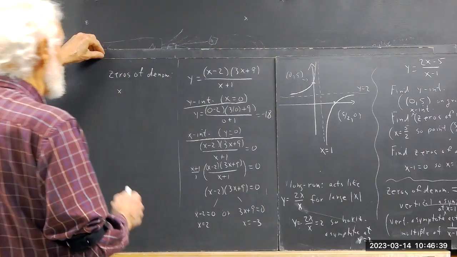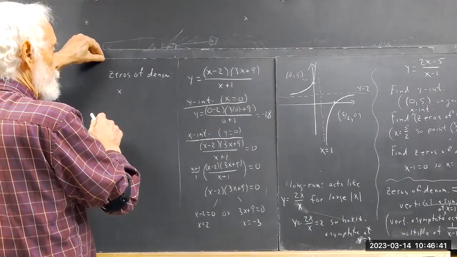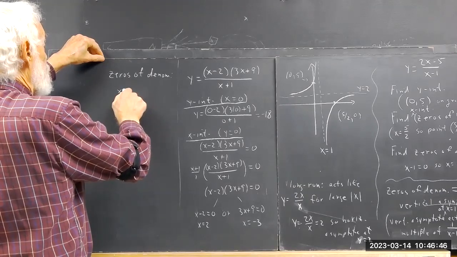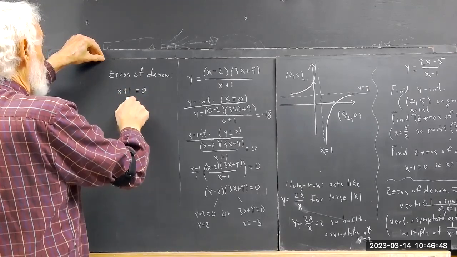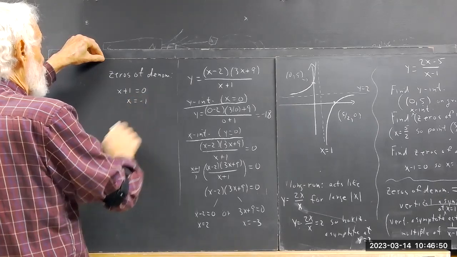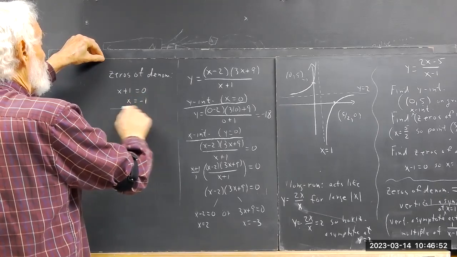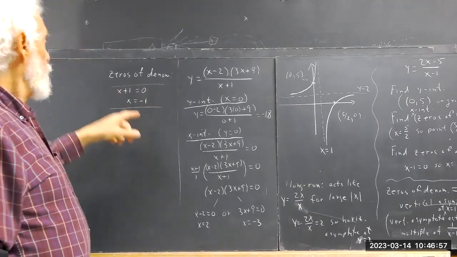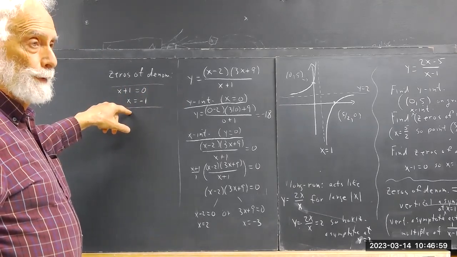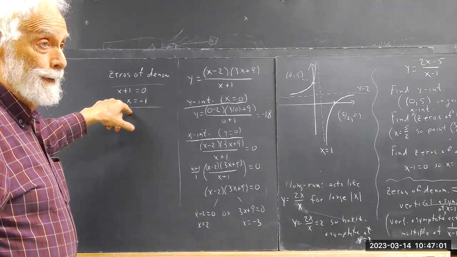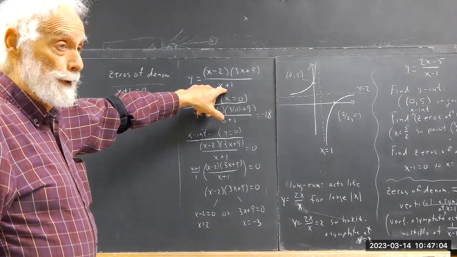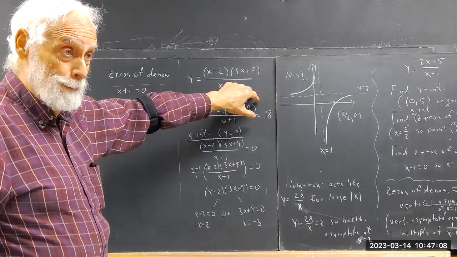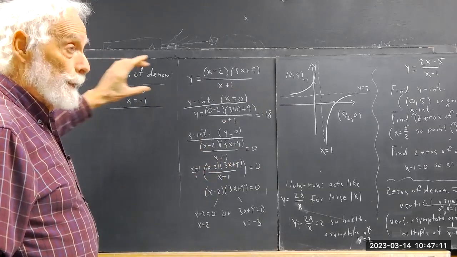Okay, zeros of the denominator. Denominator is x plus 1, that's set equal to 0. And you can solve that real quickly. Now I write out the step. I know you can solve this and get x equals -1 in your head. And you can identify the denominator is 0 when x equals -1. But you're going to have more complicated denominators. And you want to write out denominator equals 0.